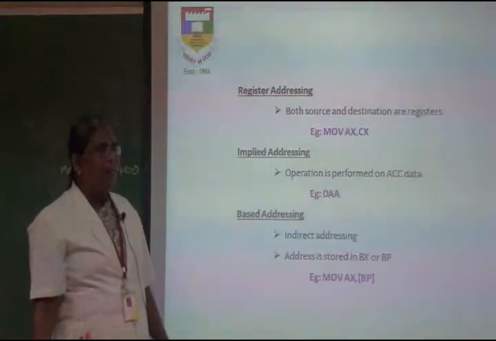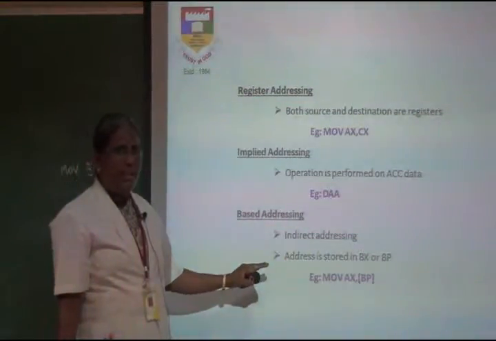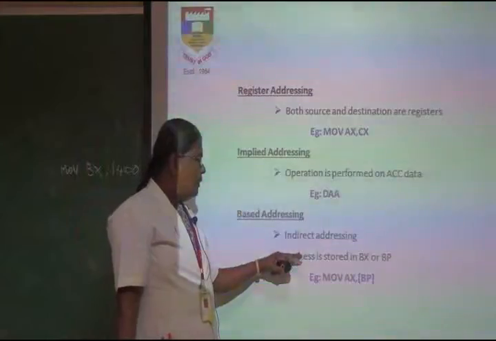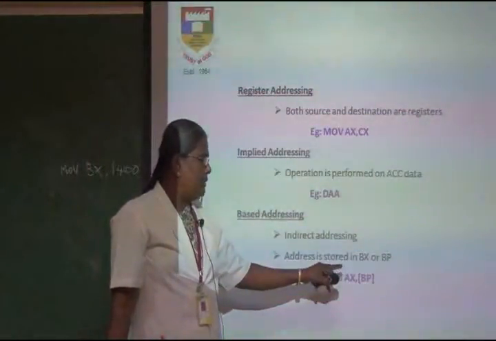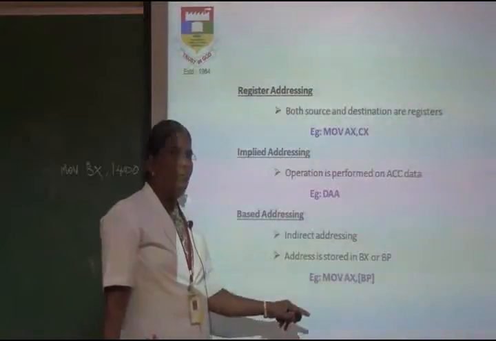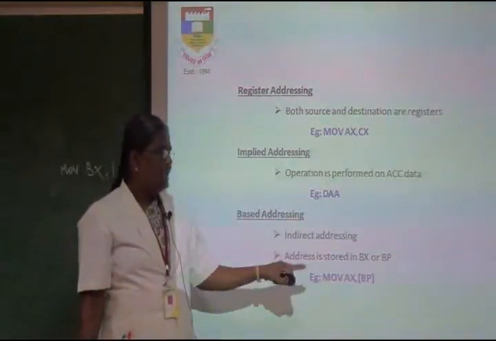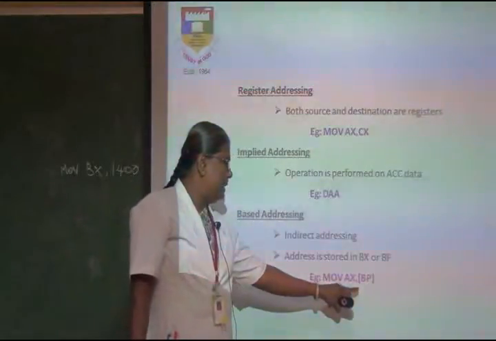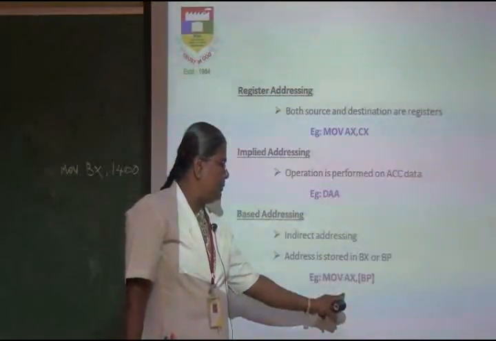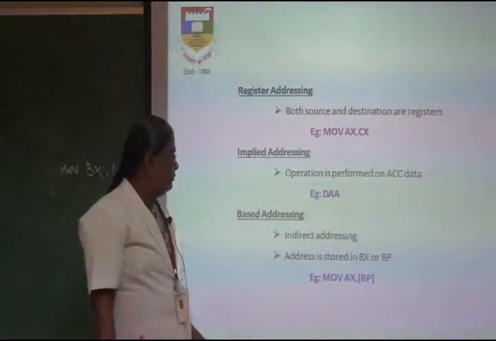Then based addressing is a type of indirect addressing, only the register used to store the address is the BX register or BP register. Example is MOV AX, [BP]. That is, the contents at the address pointed by the BX or BP register is moved to the AX register.